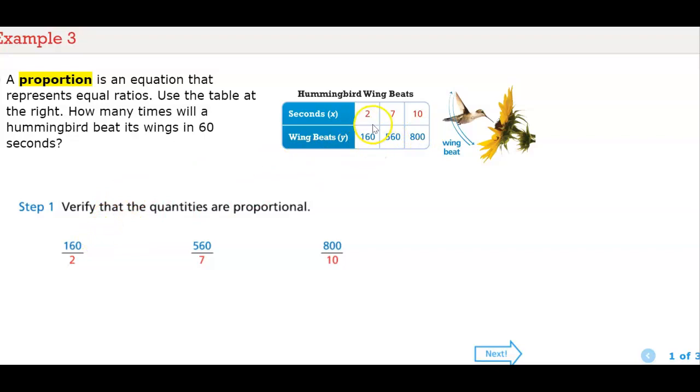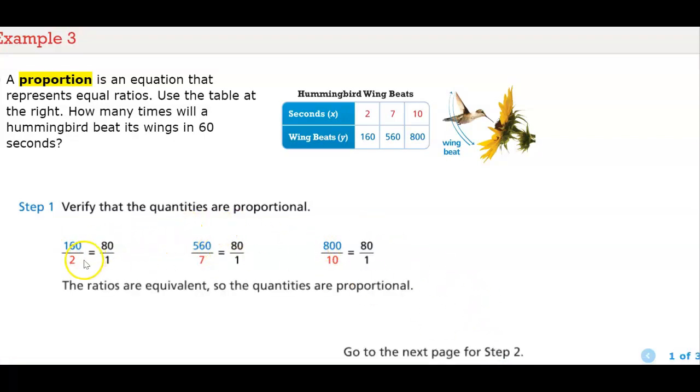And so the first set is 160, so wing beats over the seconds. And then the second one, wing beats over the seconds. So we have all of our quantities listed as a fraction. And then when you simplify them to the unit rate, this is what they equal. And because they are all equal to the same unit rate, the ratios are equivalent, and so the quantities are proportional.